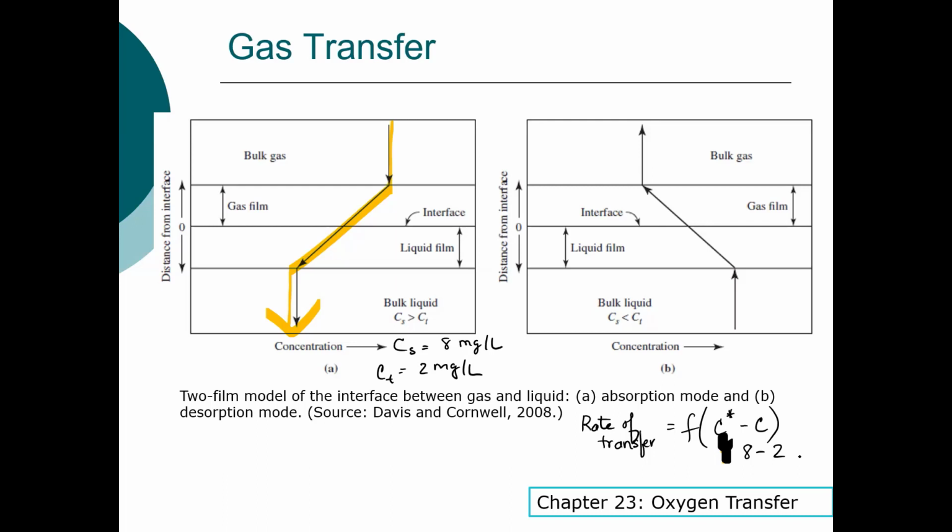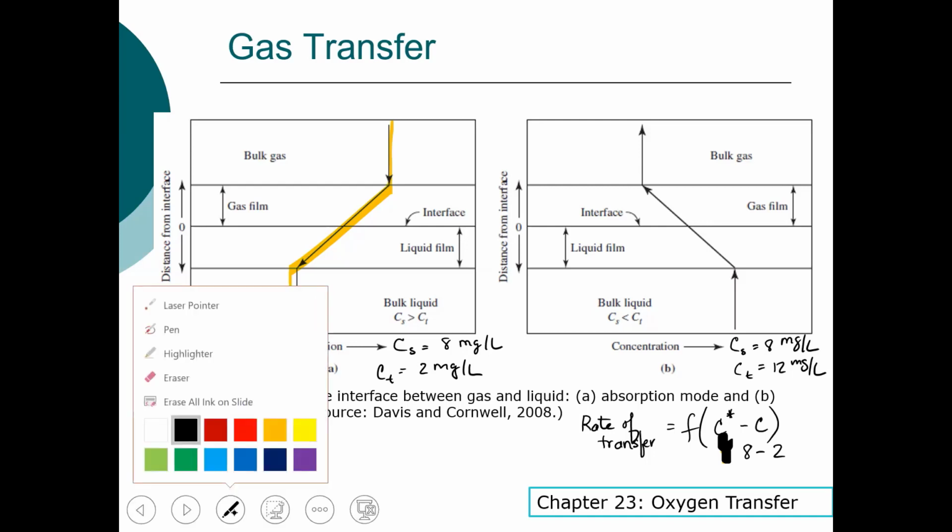So the way we've written this, we've got transfer from the gas to the liquid. On the other hand, let's say we have the same saturation concentration of 8 milligrams per liter. We have a situation where we have significant algae bloom. It's during the day, the algae are photosynthesizing, and we measure the concentration in the water at 12 milligrams per liter.